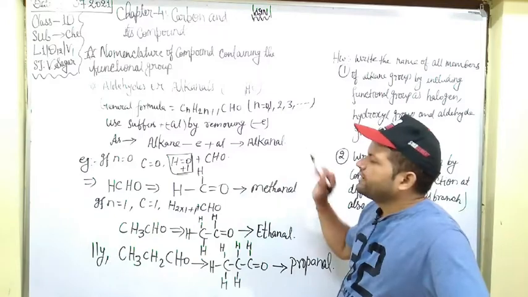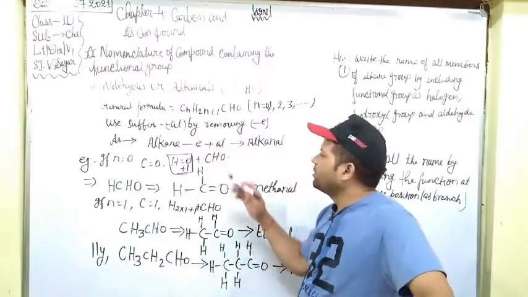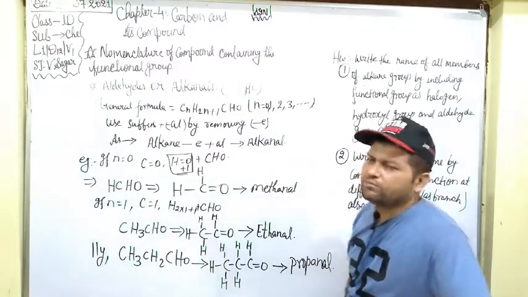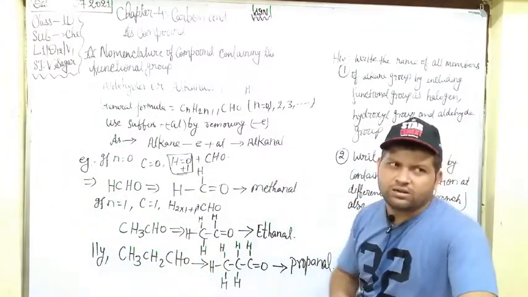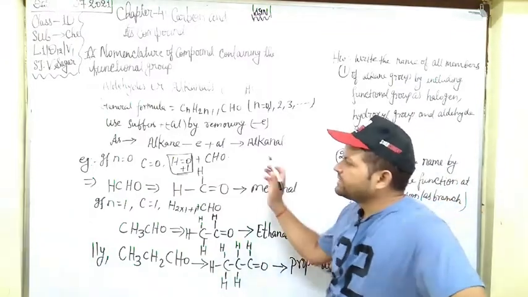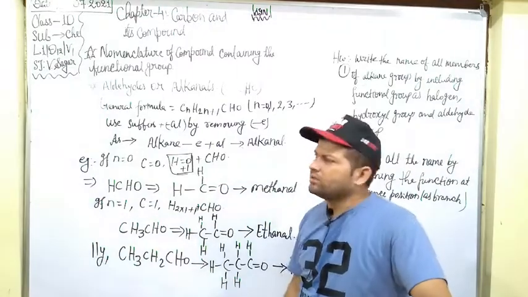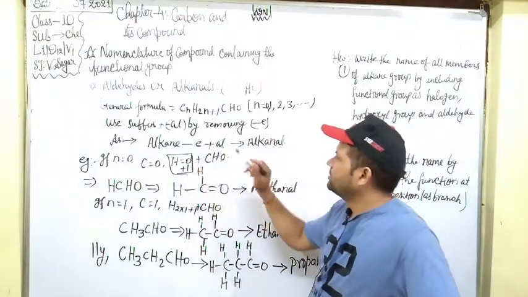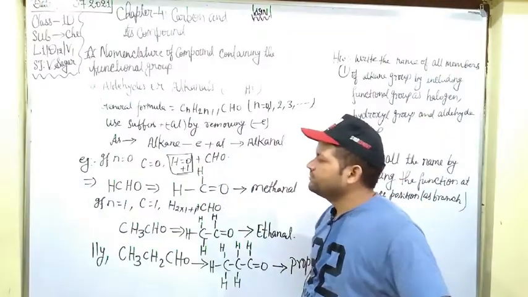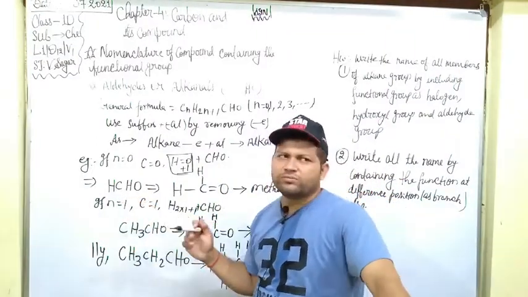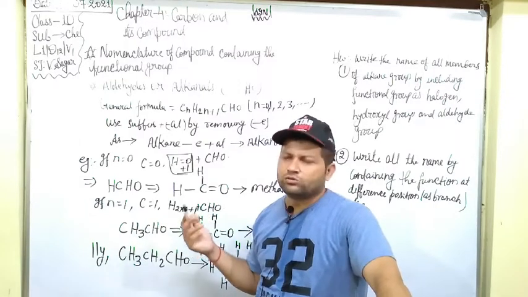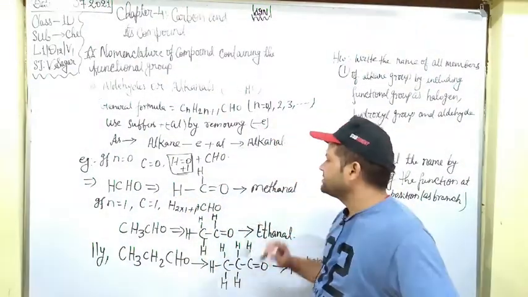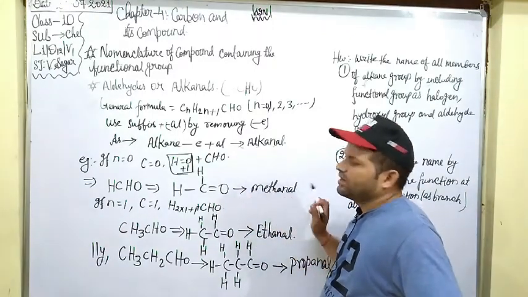So we get the name alkane, from here we remove E and add the suffix L. After adding the suffix L, the name of this alkane becomes alkanal. Understood? For example, if n is equal to 0, apply this general formula, then C is equal to 0 and H is equal to 1, and we add CHO to it. Then the compound formed by keeping n is equal to 0 is HCHO, its structural formula is written in this fashion, and its name will be methanal.